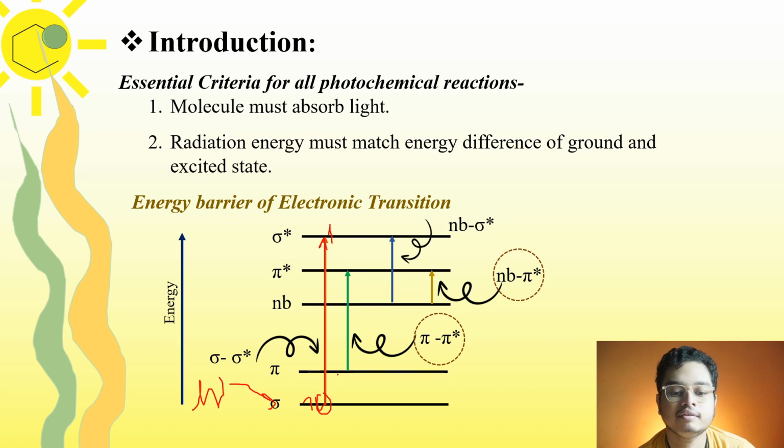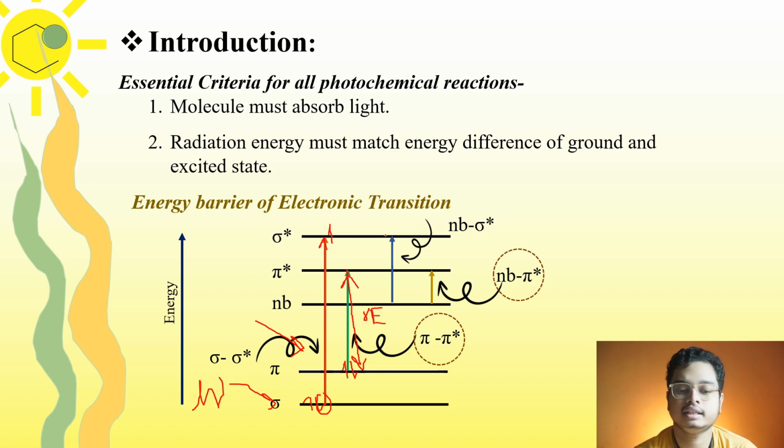Similarly, if any electron is present in the pi orbital, and the external light or electromagnetic radiation energy matches this particular transition energy, then the pi to pi star transition is observed. Similarly, if electrons are present in the non-bonding orbital, then depending upon the electromagnetic radiation energy, a non-bonding to pi star transition is observed, or a non-bonding to sigma star transition is also observed.